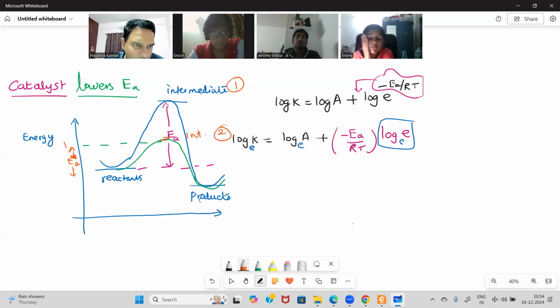Intermediate 2 is not going to require EA energy. It's going to require, let's say, EA1, which is lower than what it requires initially. Does it make sense? Yes. In some cases, your catalyst is going to provide more surface area, and because of that the reaction is going to proceed further. But this is the lowering of activation energy concept.